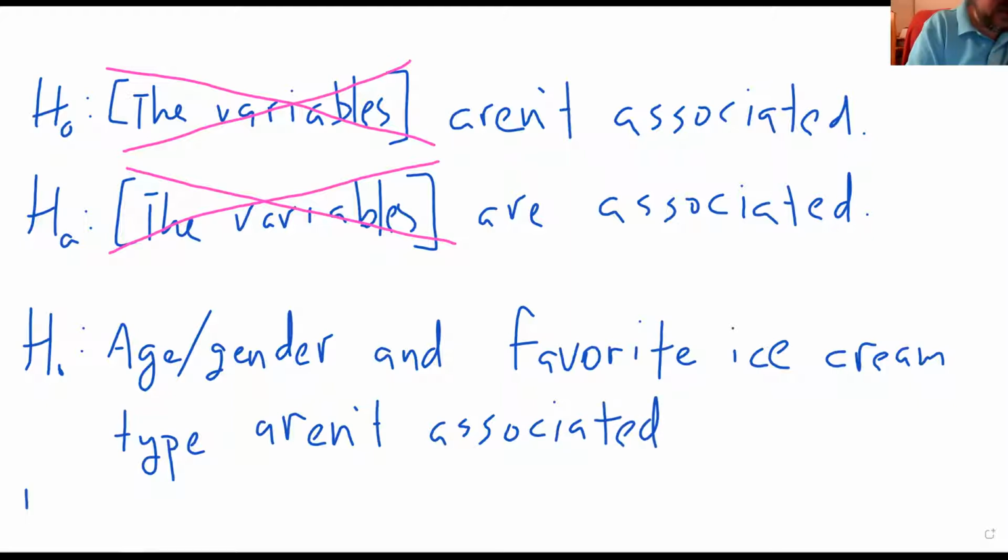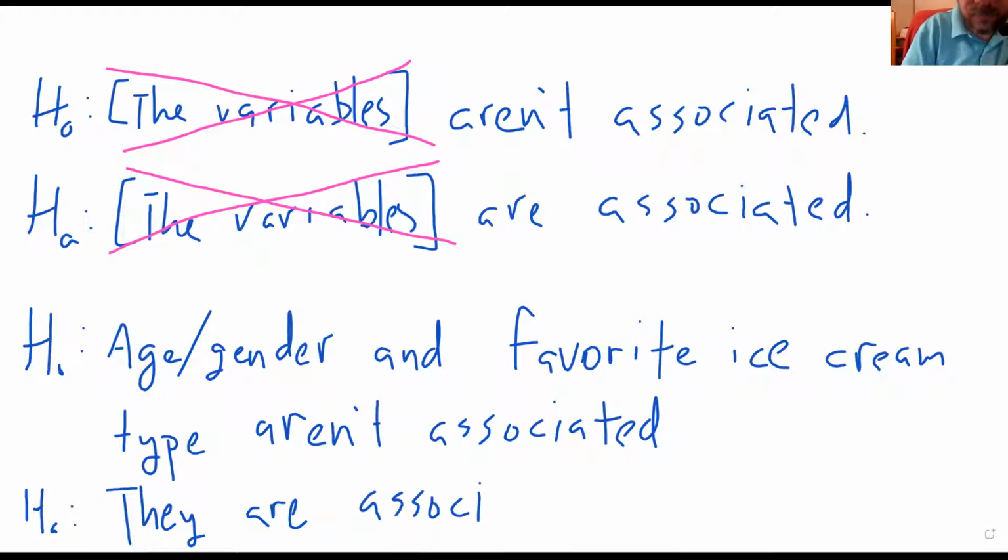And of course, the alternative hypothesis is they are associated. I'm just going to say they are. I hope that is clear enough here. There's a lot of right ways to say that.